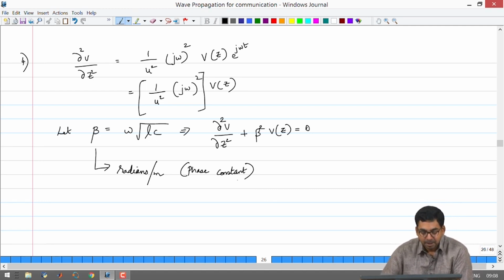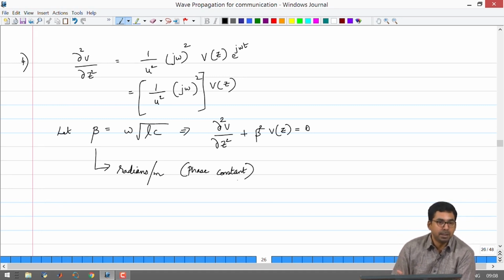So, when the solution, which is going to be a wave, is traveling in space, while it travels, the amount of phase it accumulates can be calculated by taking the value of beta and multiplying it with the distance it has traveled. So, the amount of phase is going to be given by the phase constant.